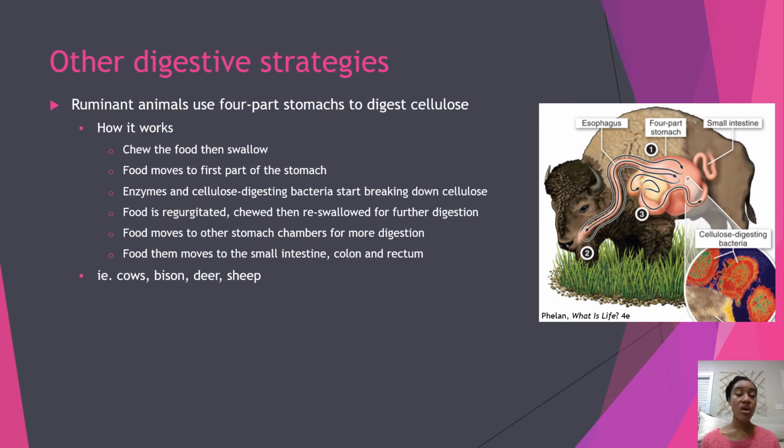Some animals are not fortunate enough to have a digestive system that's that simple. Some of them have to go through more complex processes to extract the nutrients they need from their food. One good example of this are ruminant animals. And these are animals that are oftentimes grazers, like cows, goats, and sheep that eat grass as their primary source of food. And one great thing about grass is it's everywhere.